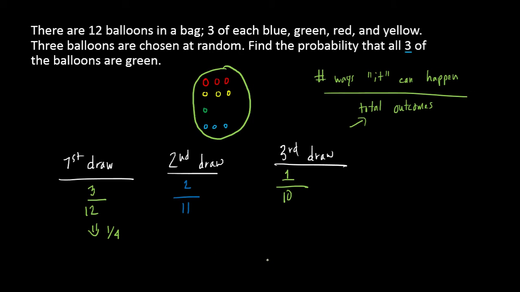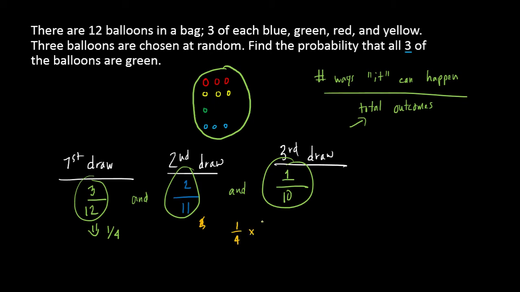Now, to find the probability of this and this and this happening, we multiply. So we take 1/4 times 2 over 11 times 1 over 10. The probability of this and this and this happening.